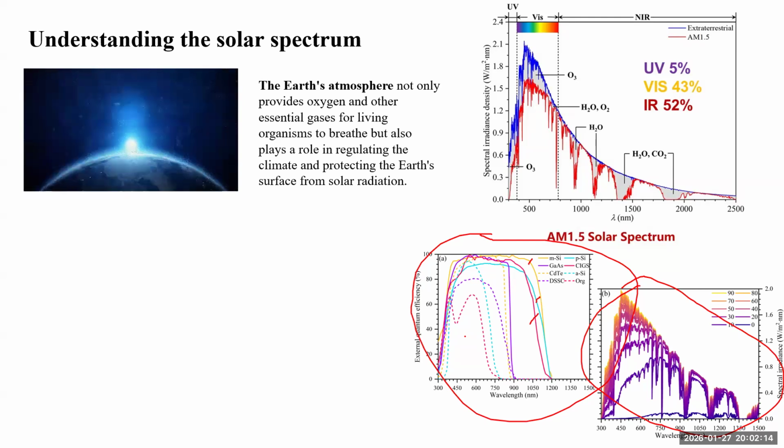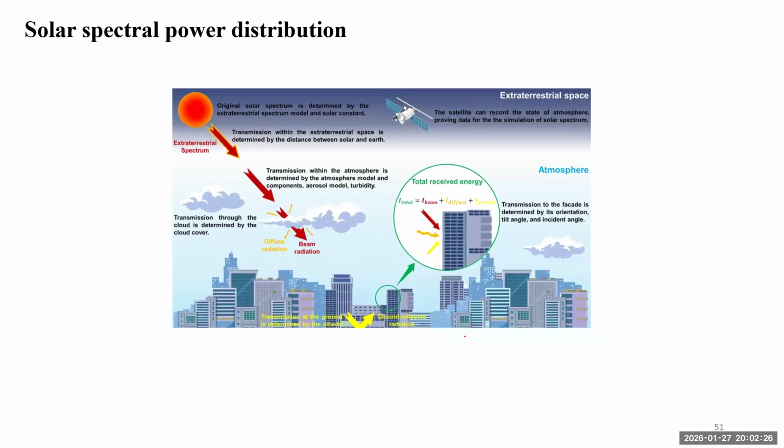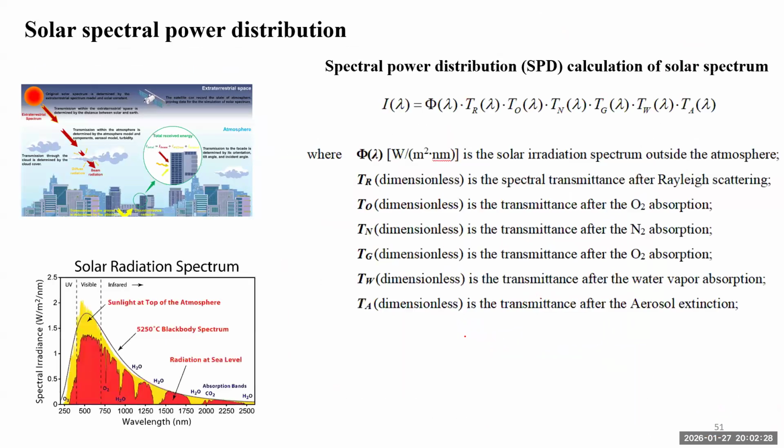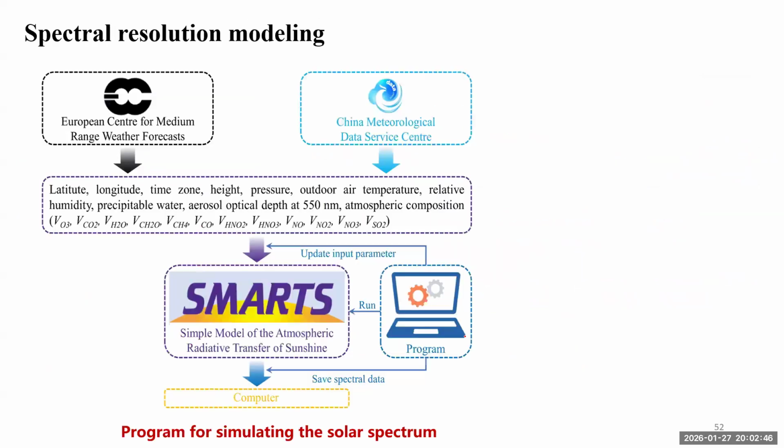So understanding the actual solar spectrum on the ground is very important for us to make use of the solar energy. Usually we have a formula to calculate the actual spectral power, and with the different sun positions, we can also calculate the spectral power distribution of the sun.